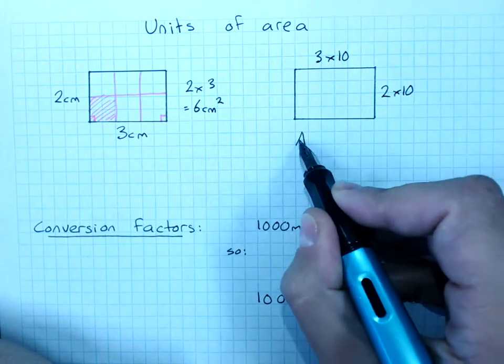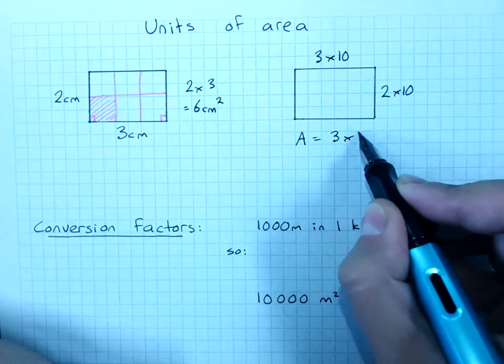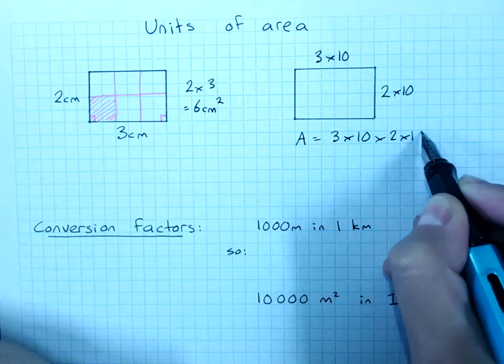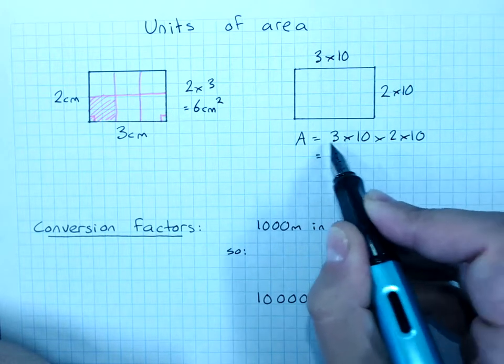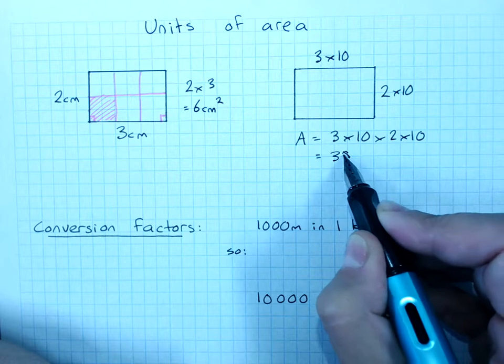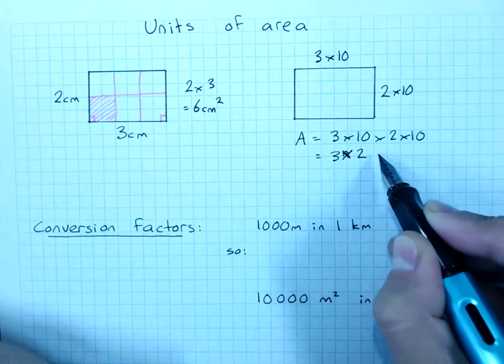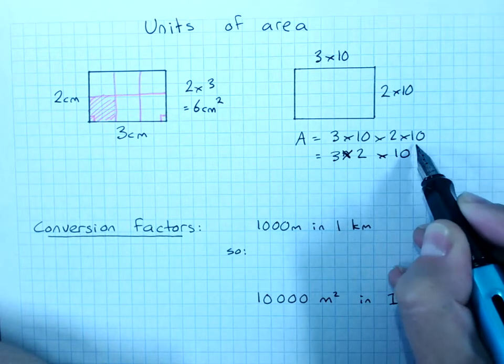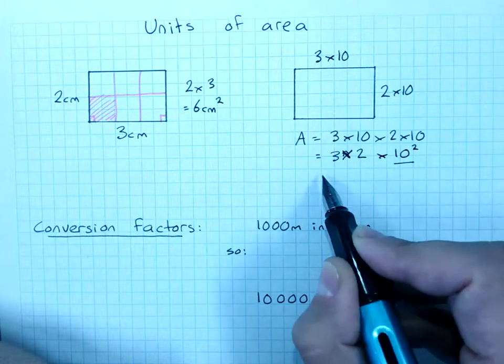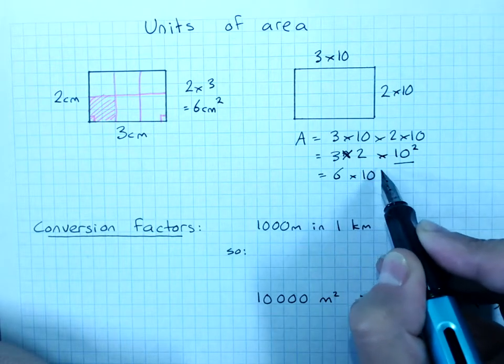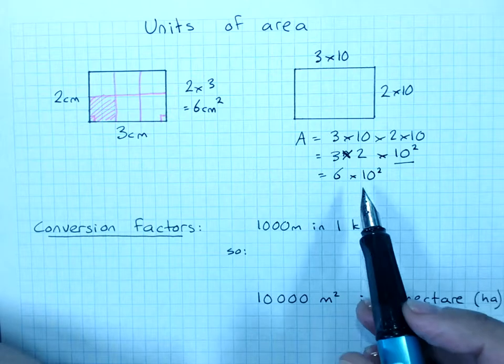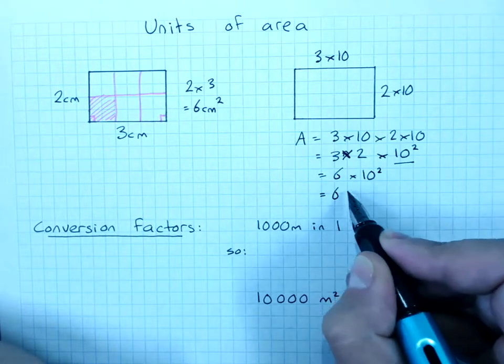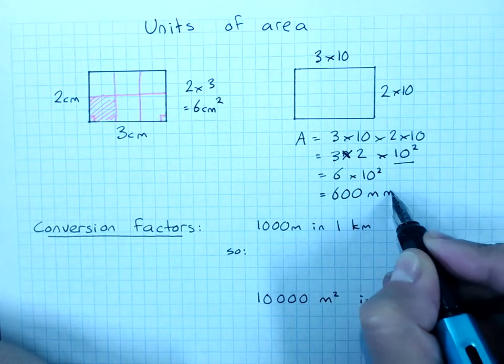And so my area would be 3 times 10 times 2 times 10, or 3 times 2, which is 6, times 10 squared. Let's just get the actual answer in there. That's 600 millimeters squared.